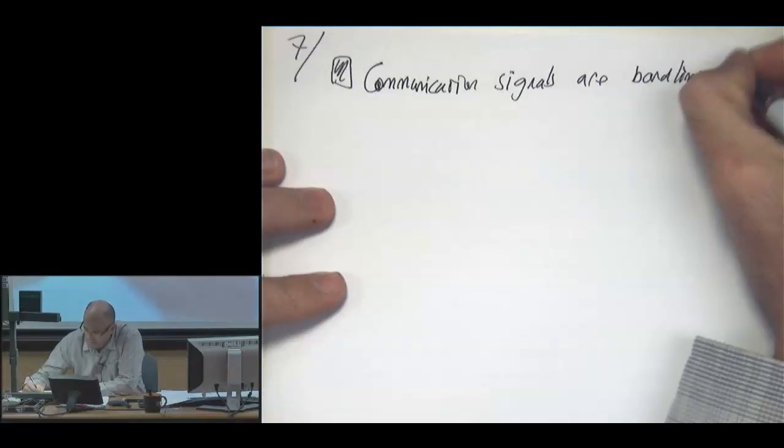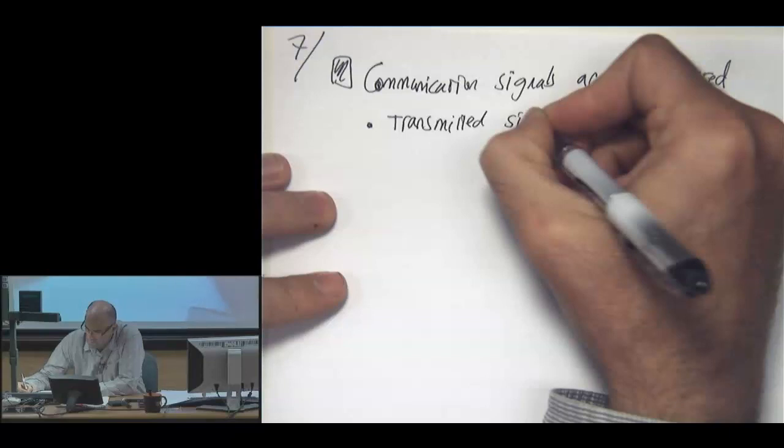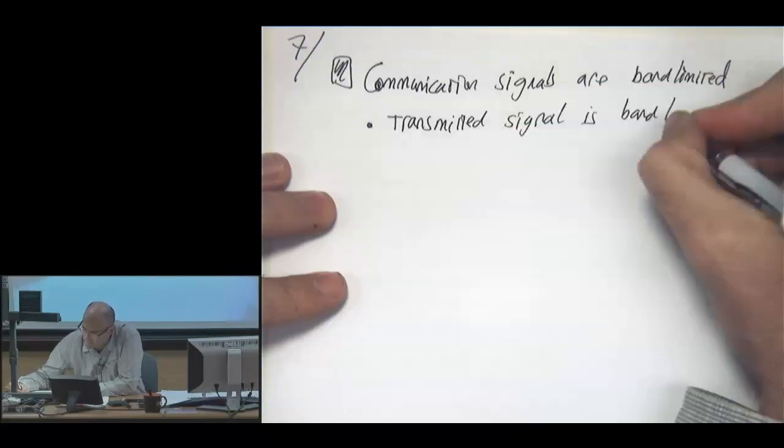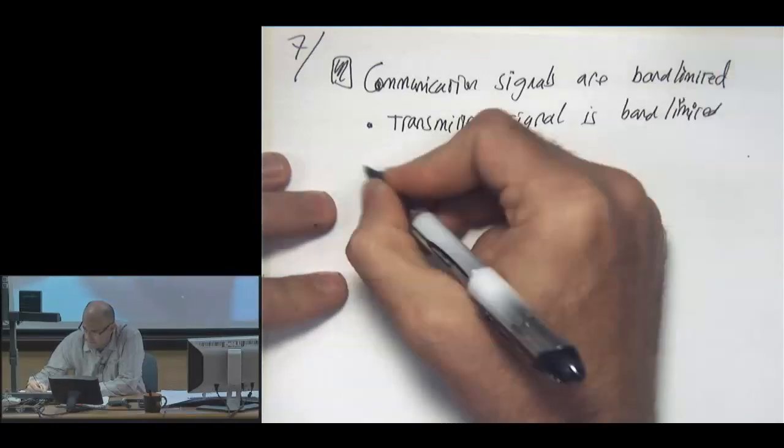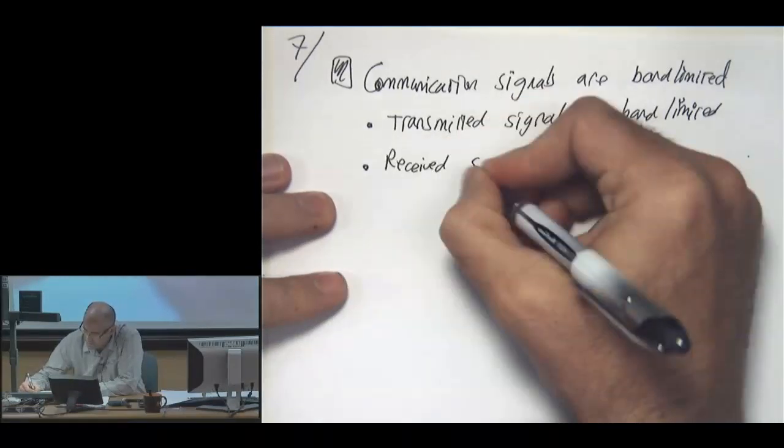And this comes about from essentially the transmitted signal being band limited. And because the transmitted signal is band limited, that means that the receiver only has to look in the band where the transmit signal is supposed to be. So the received signal can be treated as being band limited.